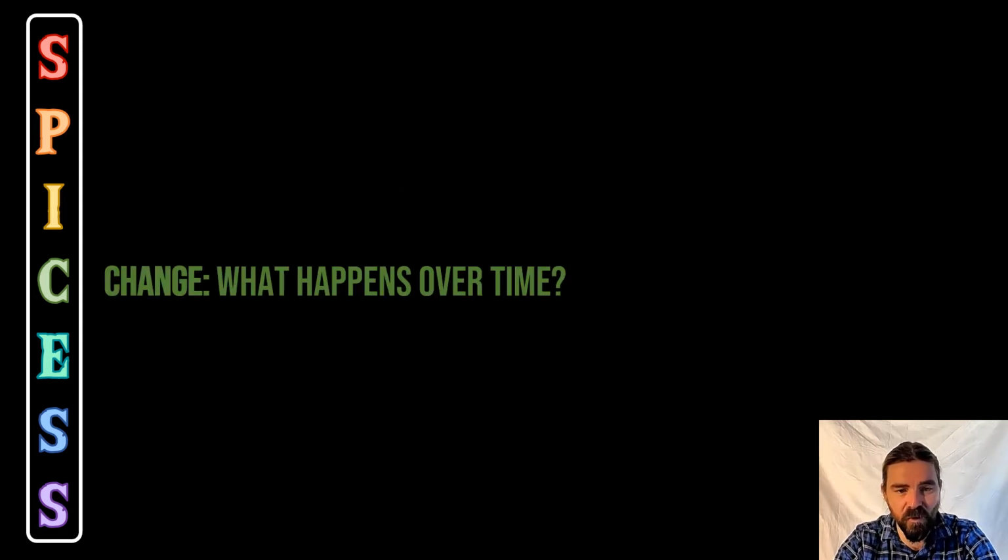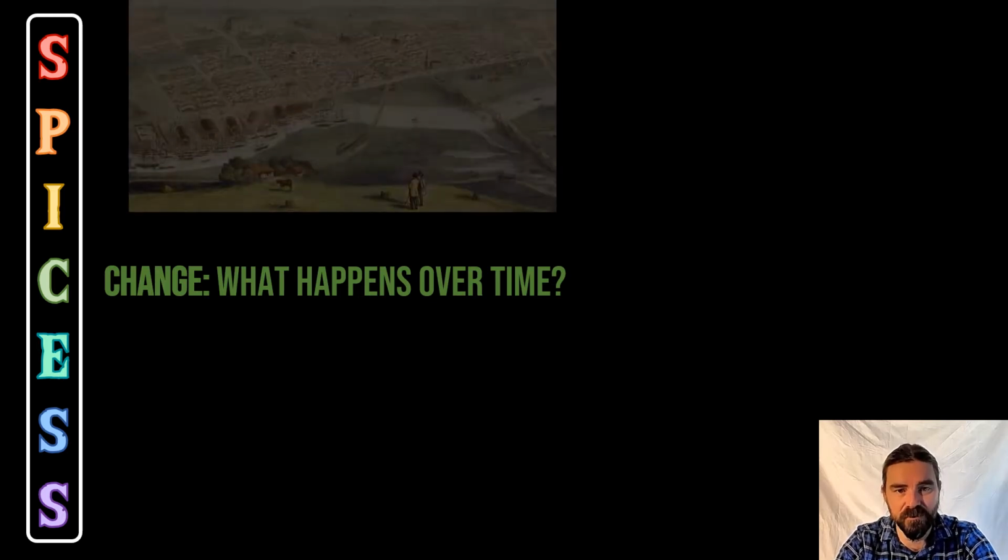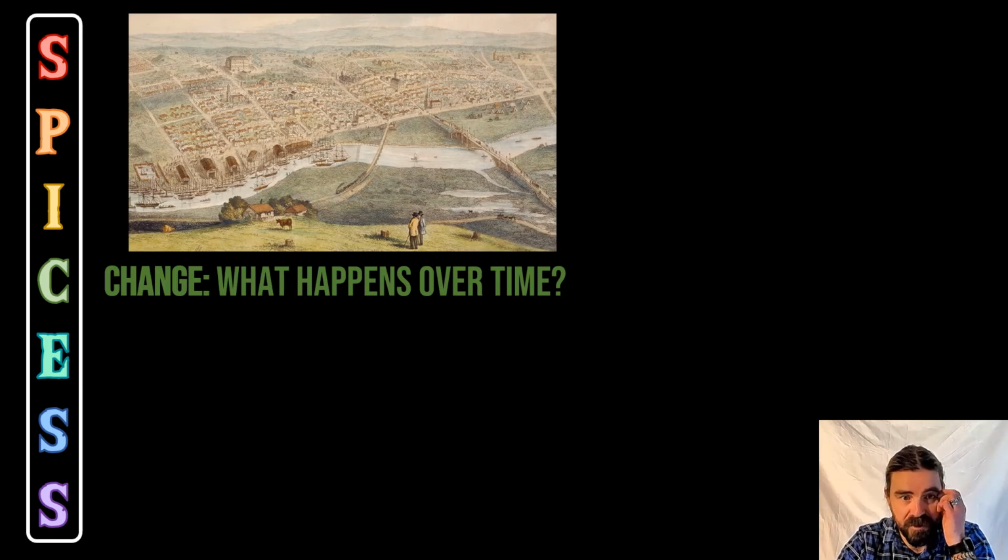C is what happens over time, and this is all about bringing in time to the environment, to geography. So let's have a look at a real brief example of change in Melbourne. So here we go. Here's an old school map of Melbourne way back in the day. That's awesome. So there was no South Bank there. I think that's the CBD, just the northern part, above.